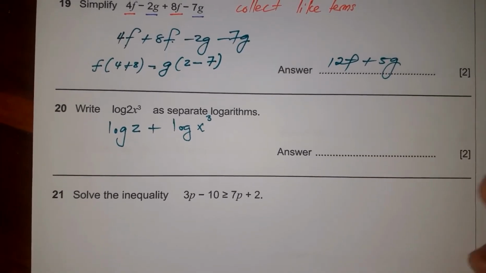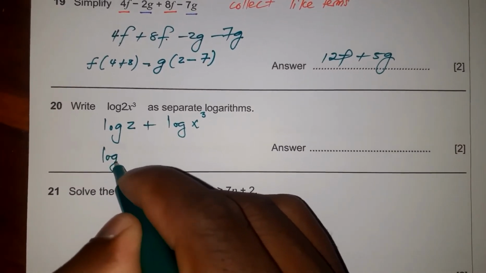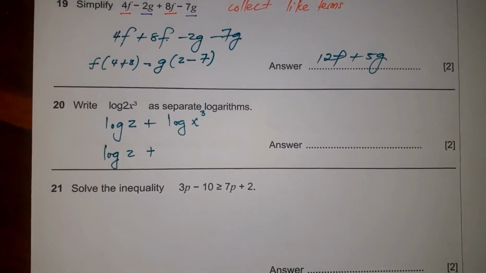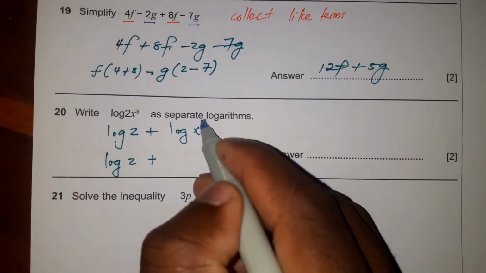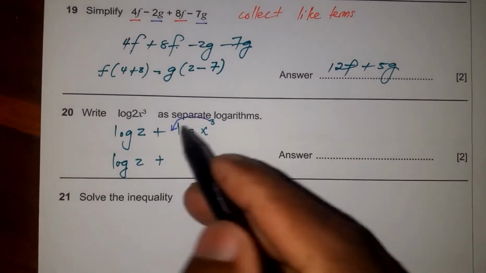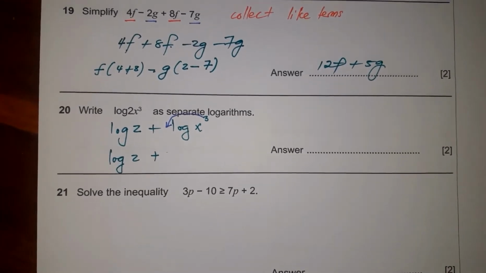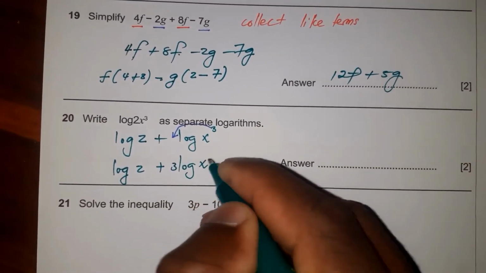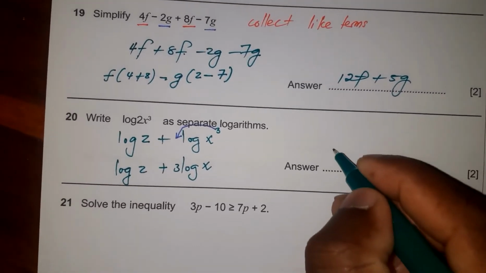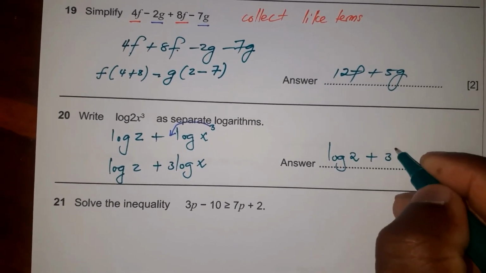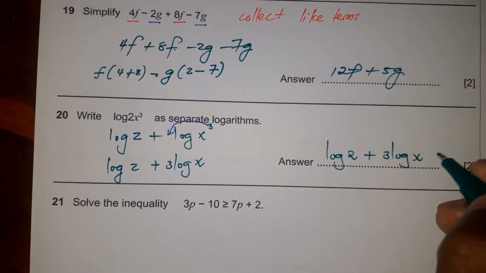But that is not the answer. Here I have log of 2 plus, I take the exponent, bring it in front, then I have 3 log x. So the answer is log 2 plus 3 log x.